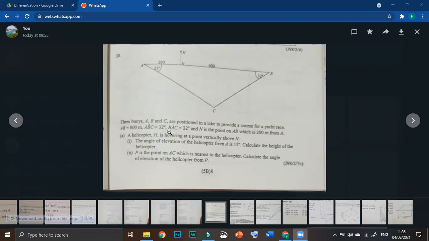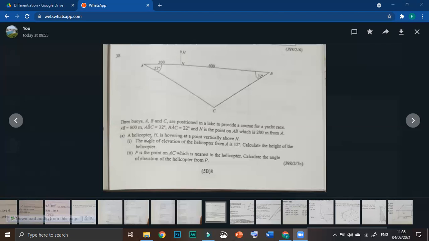Angle ABC is 32. This angle is 32. And angle BAC is 22. N is a point on AB, which is 200 meters from A.